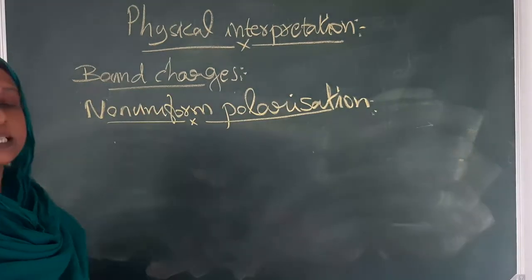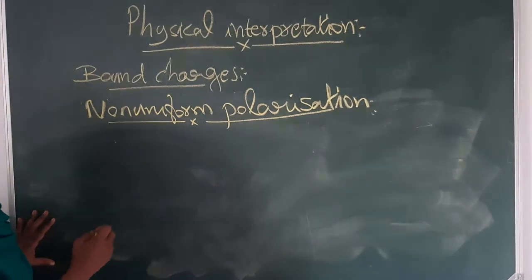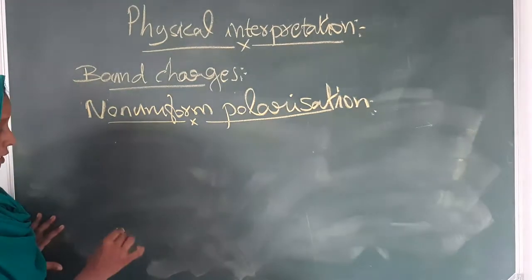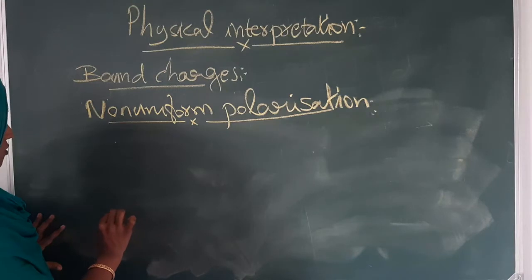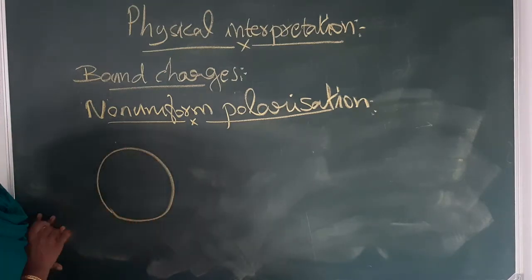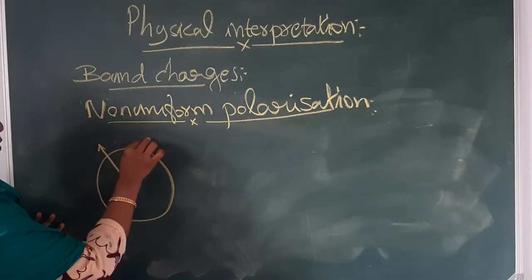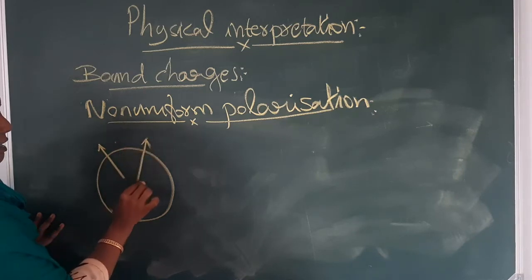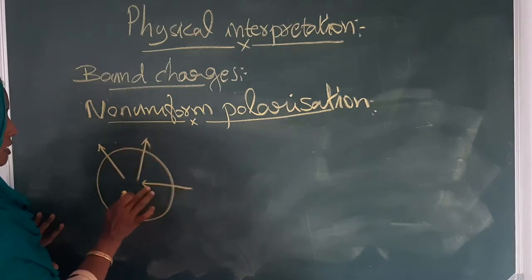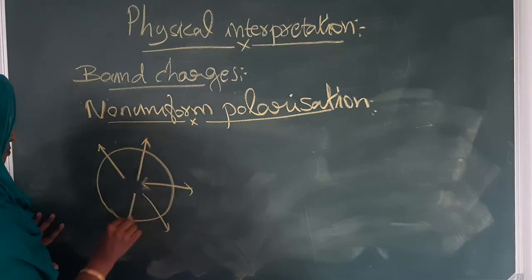Now, consider the case of non-uniform polarization. In this case, in the polarized object, a negative divergence of P piles up negative charge inside the body. For example, negative divergence of P means the polarization vector is diverging like this.